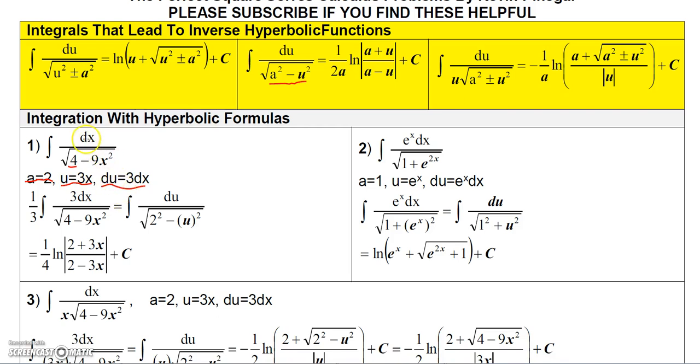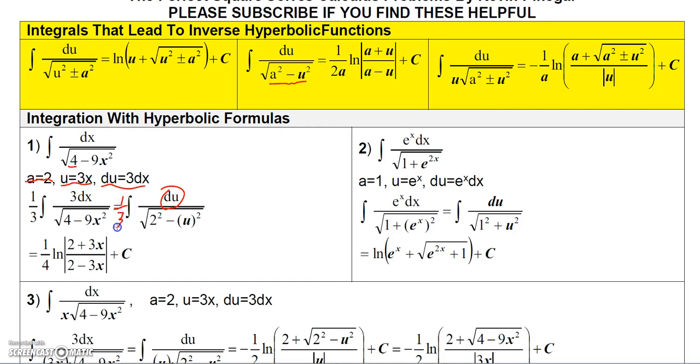Now, since I only have dx up here, let me go ahead and multiply the numerator by 3 so that I actually have du in the numerator. So if I multiply dx by 3, that gives me 3dx, so that's actually going to be this du right here. Now, if I multiply that by 3, I have to multiply 1/3 on the outside. It looks like I lost the 1/3 here, so I'm going to correct this as we go.